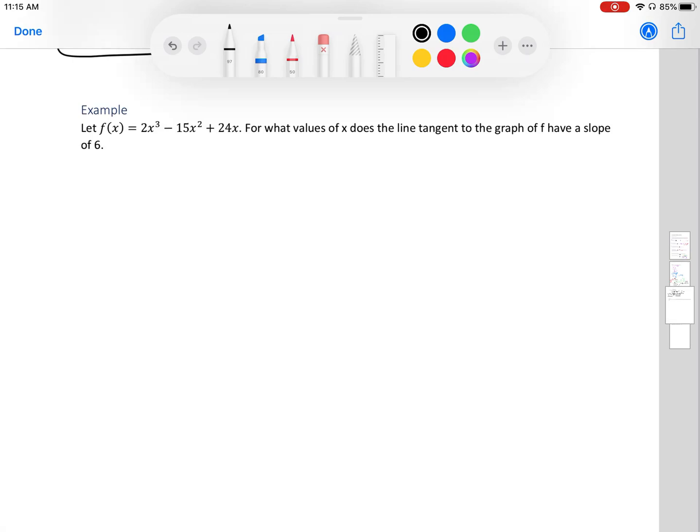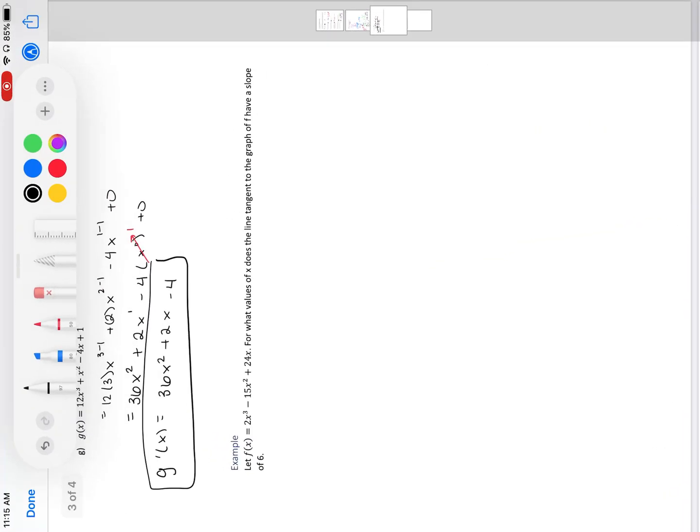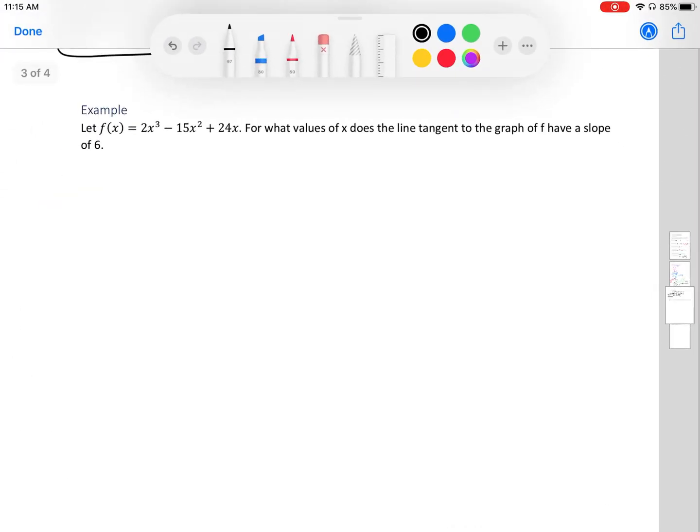The derivative provides us with the slope of a tangent line at a point. So if I wish to find my point given the slope, I need to first find the derivative, set that derivative equal to the slope, and then solve for x.